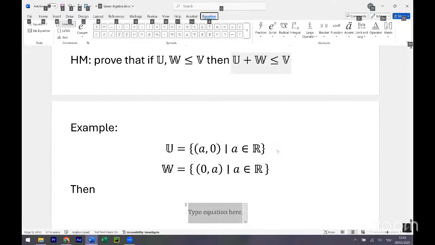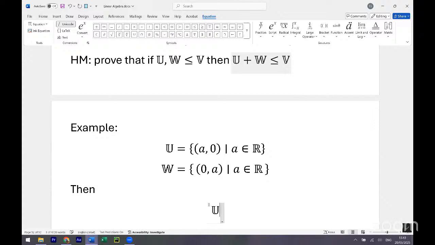Then what is U plus W? Can you guess? So you don't have to guess. What is U plus W? So I'm glad that you gave that answer, even though it's the wrong answer.